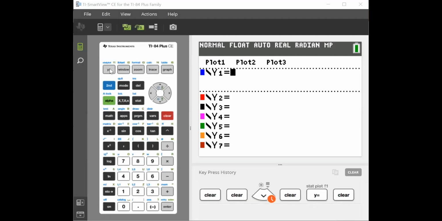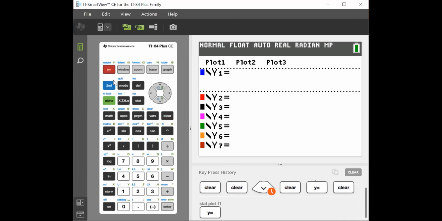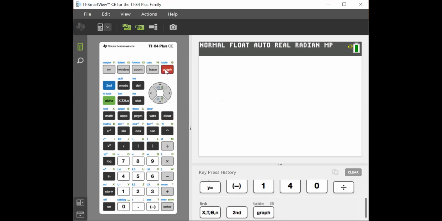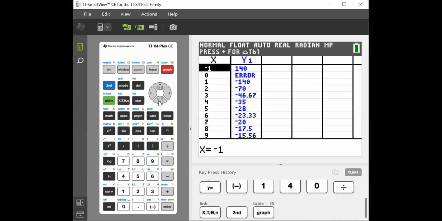We're on the y equals page, and what you want to type is negative 140 divided by x. Then head over to the table, and this will give you all the different factors of negative 140, and we want to find the one that gives us negative 23.